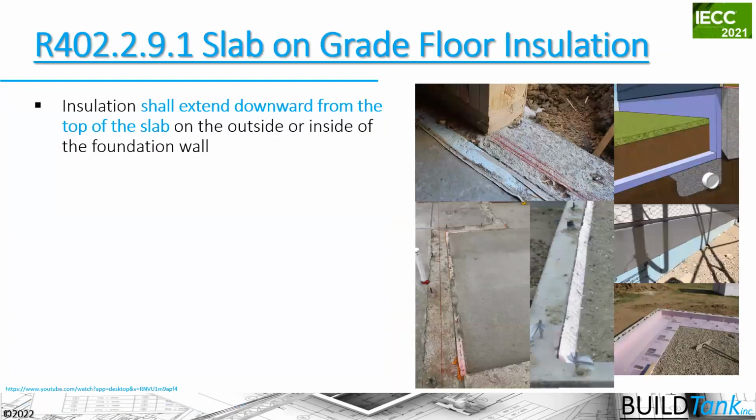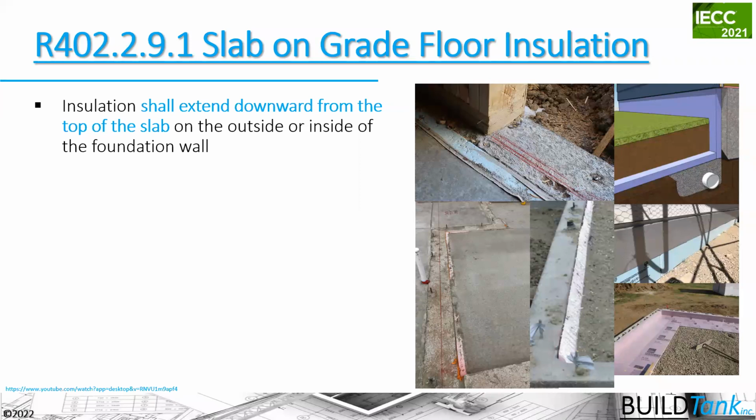Another one of the things that we need to think about in this section of the code, and how it impacts the prescriptive compliance option, is foundation slab insulation. It says that insulation shall extend downward from the top of the slab on the outside or the inside of the foundation wall.